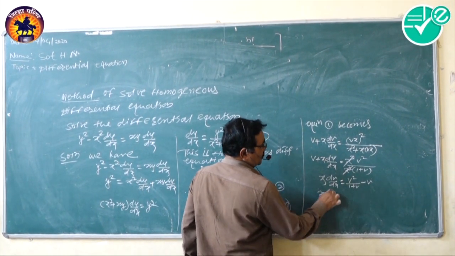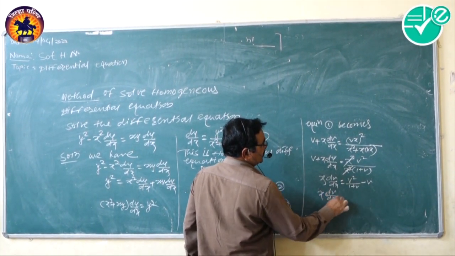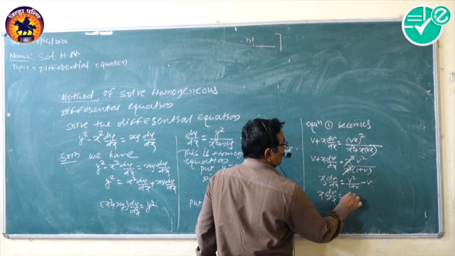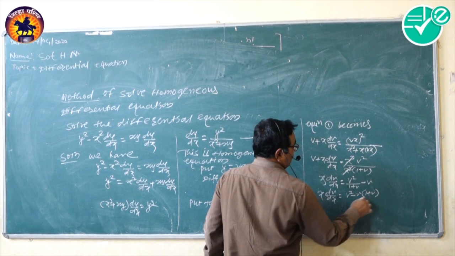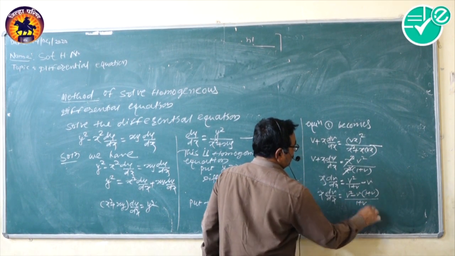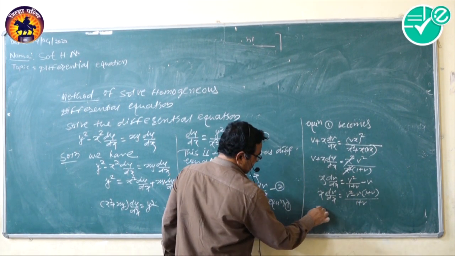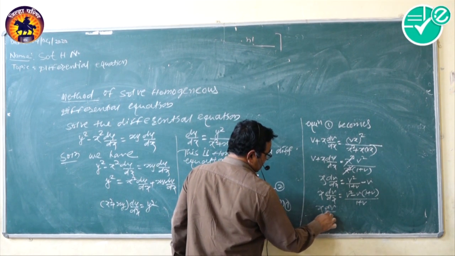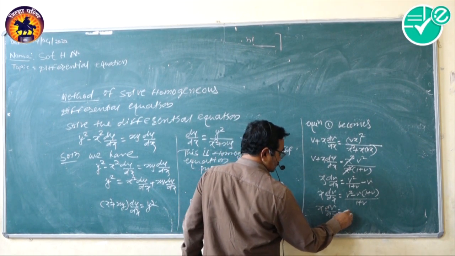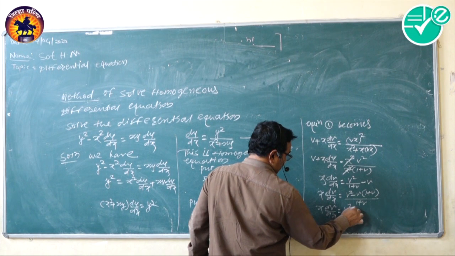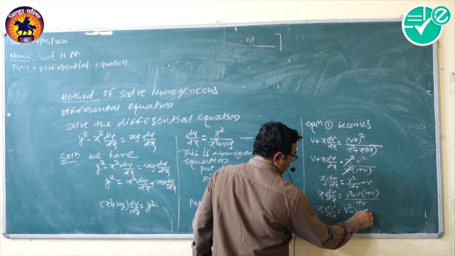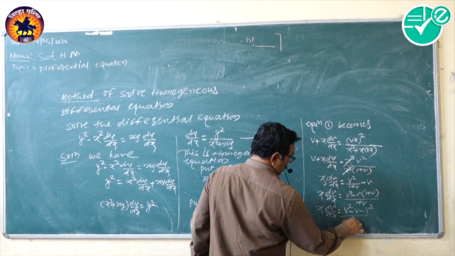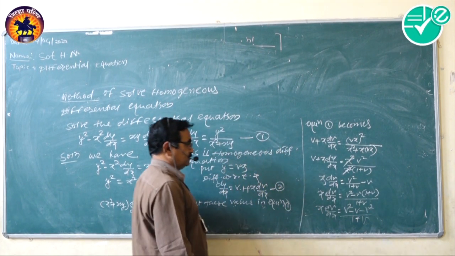X dv by dx is equal to v square minus v into 1 plus v upon 1 plus v, so x dv by dx is equal to v square minus v minus v square upon 1 plus v.